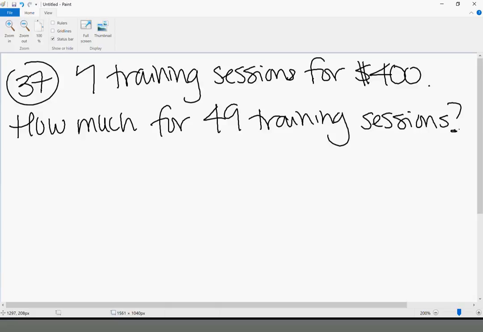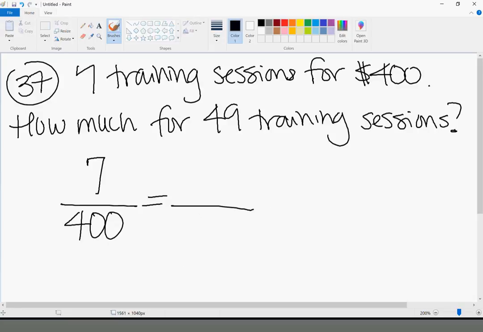Okay, so you could set it up like a proportion. So the number of training sessions, so 7 over 400, is equal to the number of training sessions over that amount. And how much? We're trying to find out how much. That's a number value.